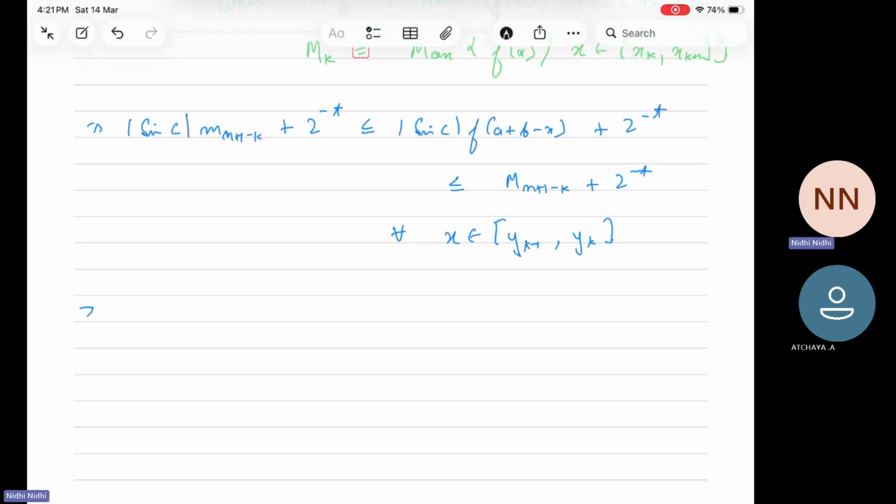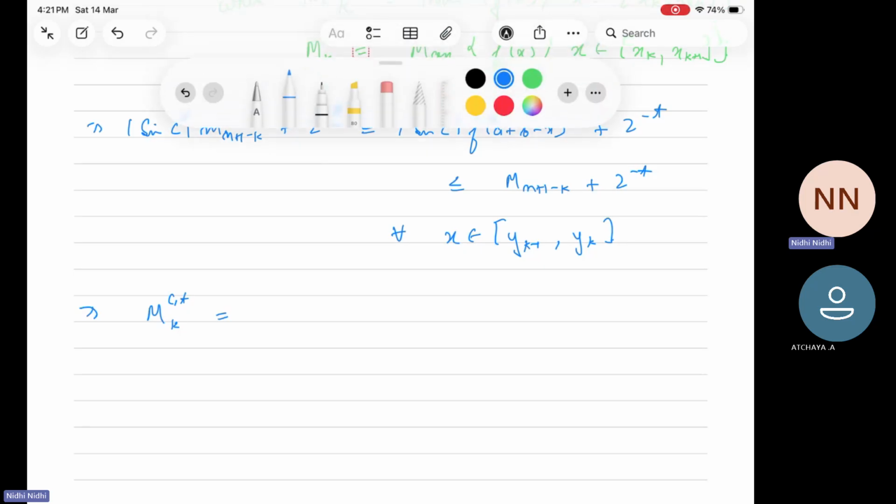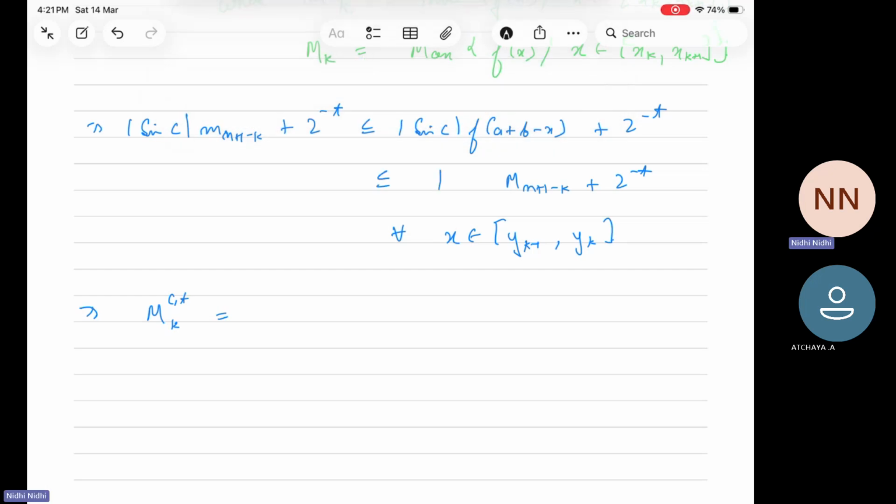That means capital M_k^CT, multiplied by mod sin c as well, is less than or equal to mod sin c times M_{n+1−k} plus 2 to the power minus t, and small m_k^CT is equal to mod sin c m_{n+1−k} plus 2 to the power minus t.